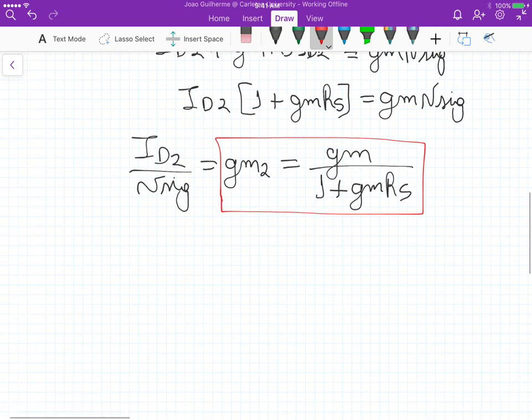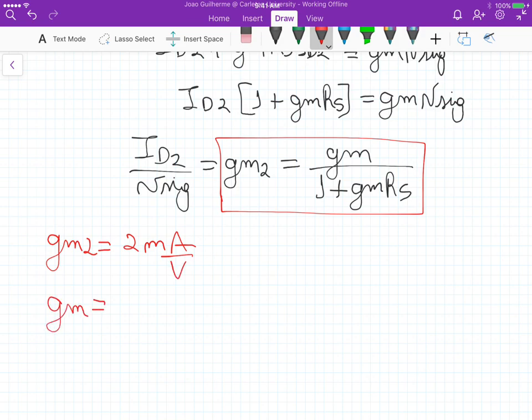Because we know that this gm2 is equal to 2 milliamperes per volt, and we know that gm is 5 milliamperes per volt, with those two values we can determine RS.